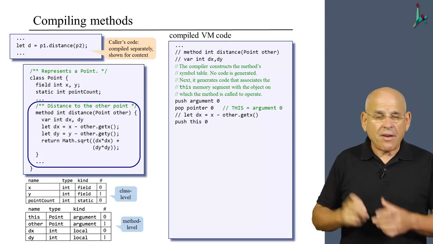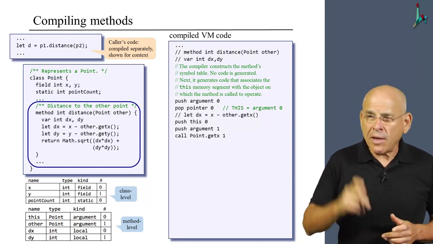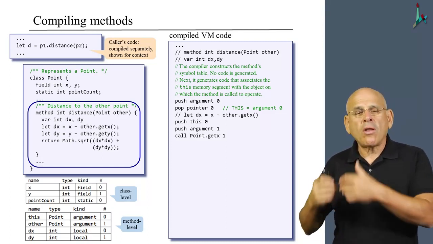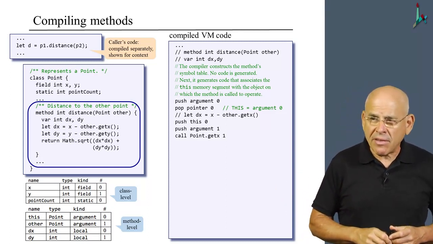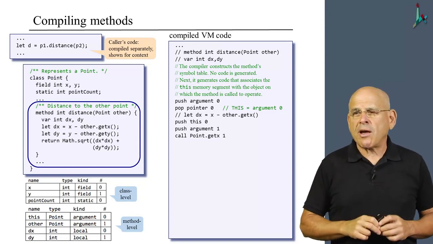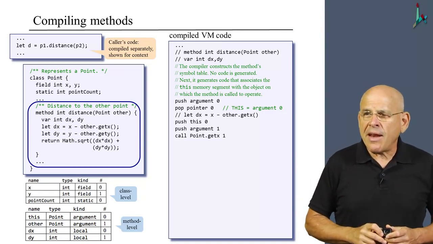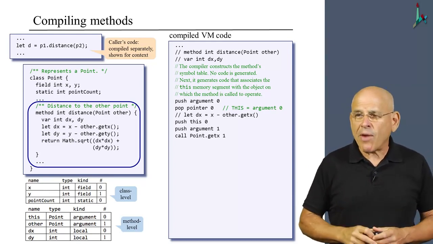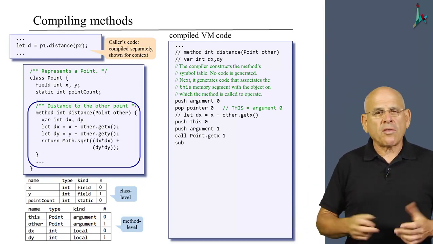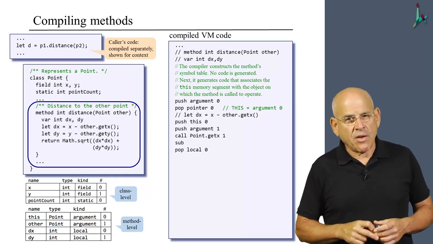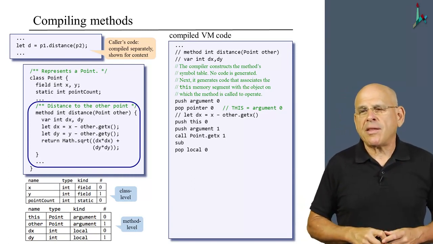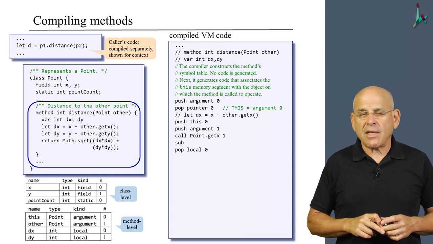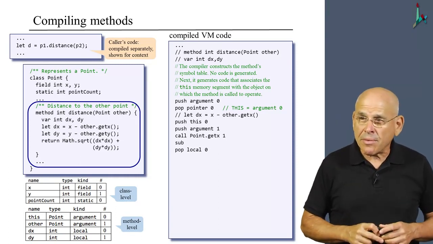So we push other. Other happens to be argument 1 according to the symbol table, and then we call Point.getX for its effect, noting that we pushed one argument. And then once we get the result of getX, we can do the subtraction and store the result in local 0, which is the entry that represents dx according to the symbol table.